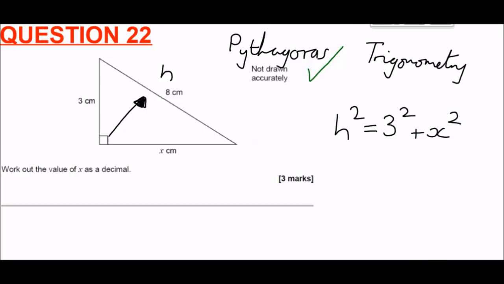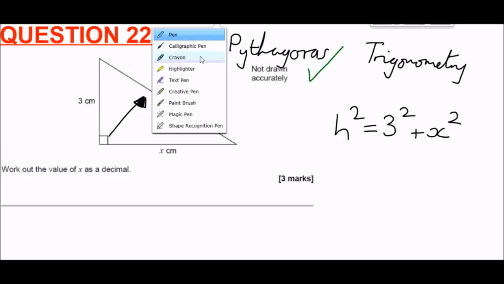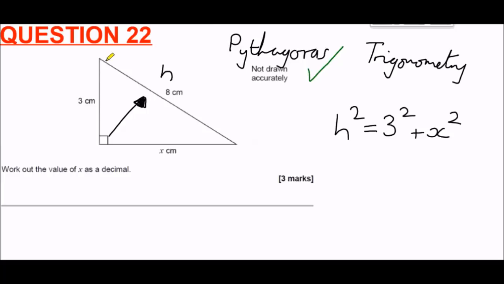The main thing is we've identified which is the longest side. The longest side is this one, which is the hypotenuse. But we also know the hypotenuse, which is quite good. The hypotenuse is 8, so we can substitute in 8 for h. So that means 8 squared equals 3 squared plus x squared.